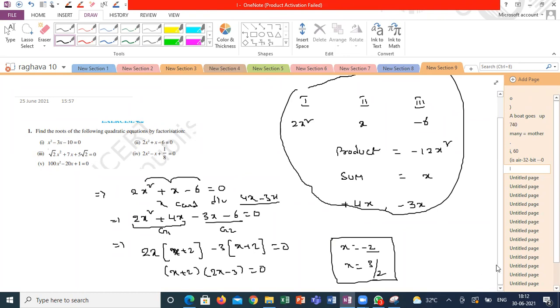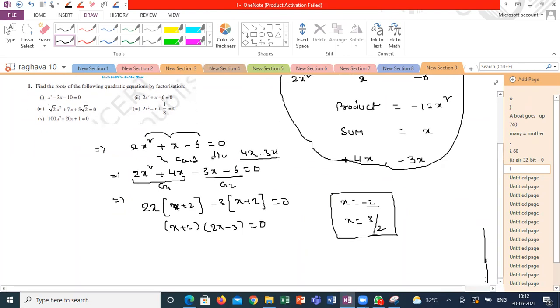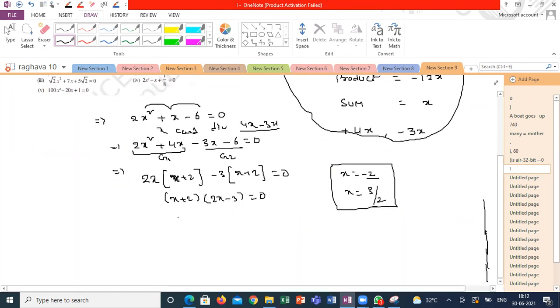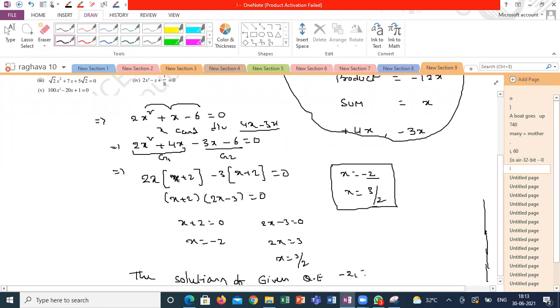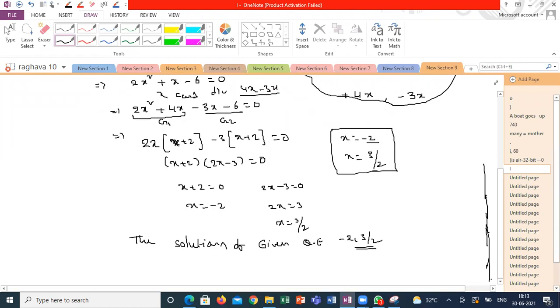If you want to show a little more elaborate explanation, from the zero product rule, x plus 2 is equal to 0, x is equal to minus 2; 2x minus 3 is equal to 0, 2x is equal to 3, and x is equal to 3 by 2. The solutions of the given quadratic equation are minus 2 comma 3 by 2. This is how we can explain this one.